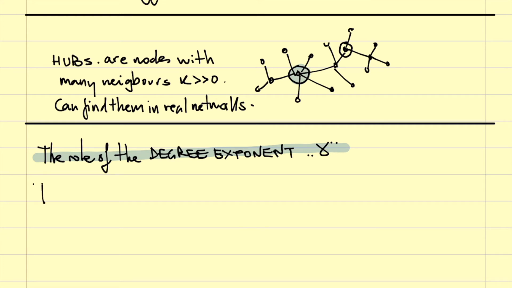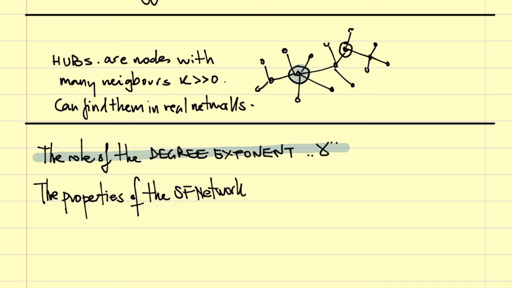So the properties of the scale-free network are going to be dependent on gamma.